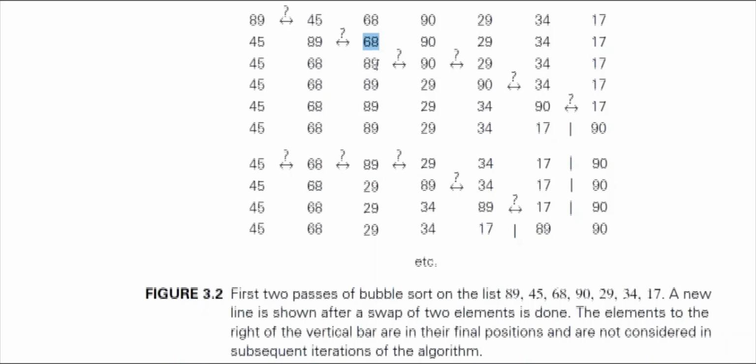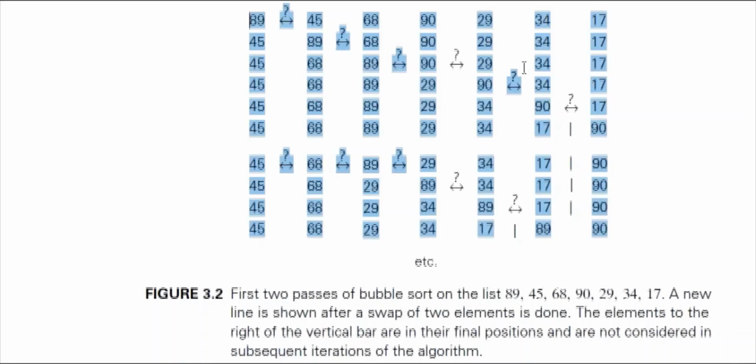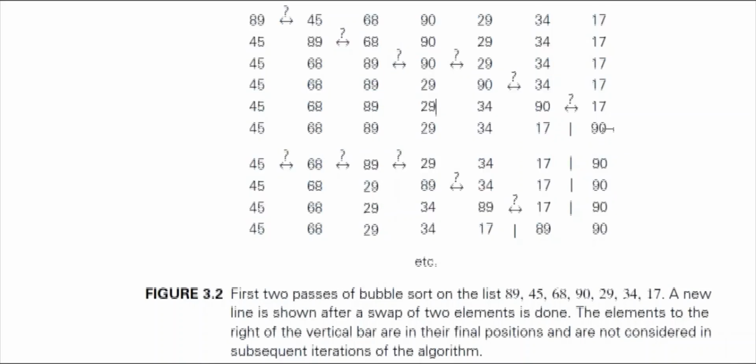We are finding the largest element and placing it into its final position. This is for finding the first largest element, that is 90. Again we start with the first element 45 and compare with its adjacent element up to n-1 times. So we are finding the second largest element and placing it into its final position.